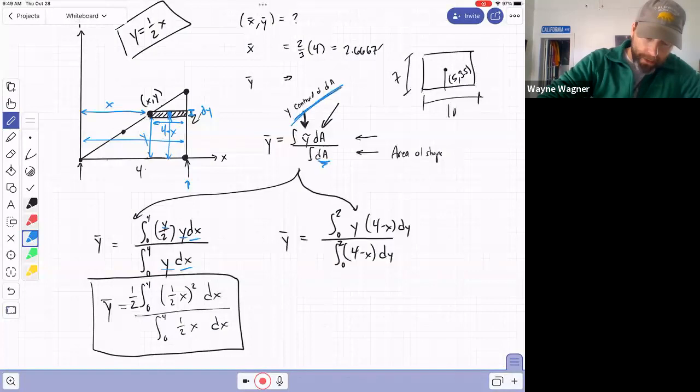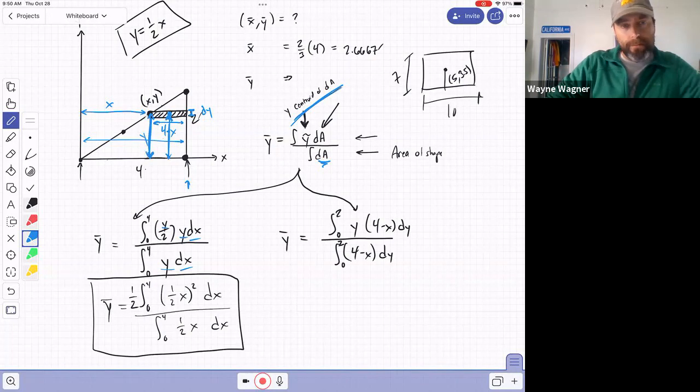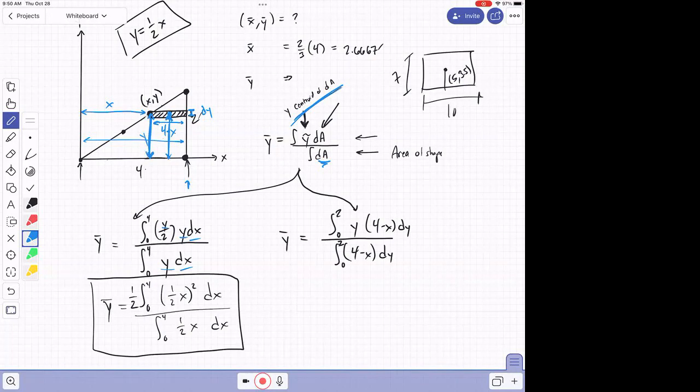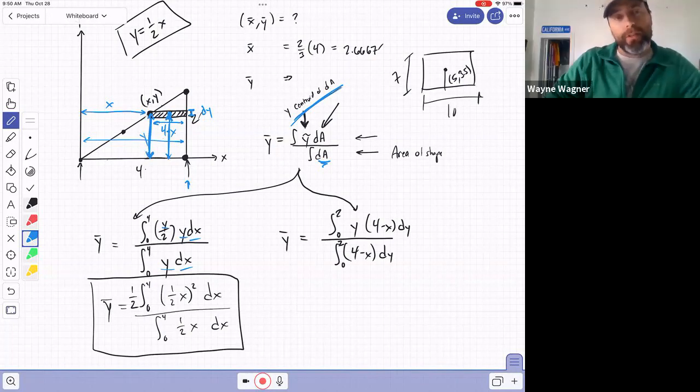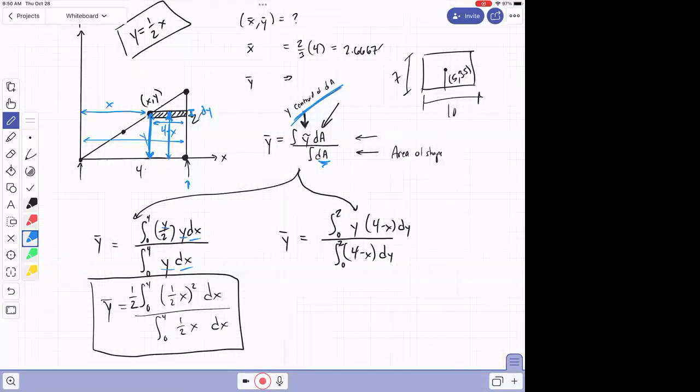So in this case, it's just the distance from here up to that centroid, which just so happens to be the exact same as y. Usually it's going to be y, or it's going to be y over 2, or something like that. Oh, so why was it y over 2 last time?